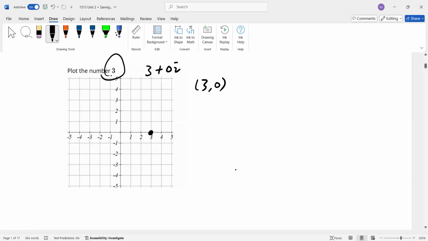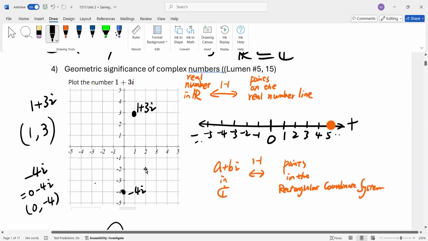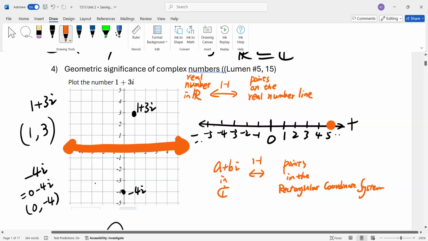All right. So I want you to be able to see all the points in the rectangular coordinate system. They make the complex number set. But points on this line, on the horizontal scale, that's the real number set. Do you see what I'm trying to say?